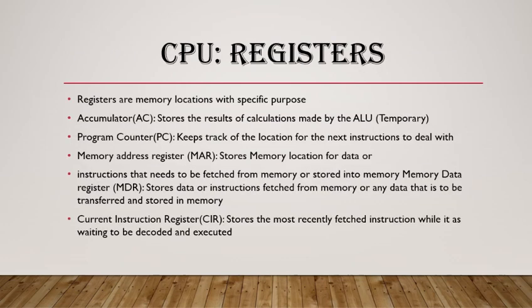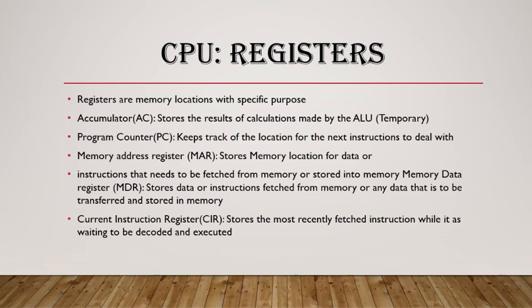So let's move on with registers. Registers are memory locations with specific purposes. Moving to the first point, accumulator. Accumulator stores the result of the calculation made by the ALU temporarily. Program counter keeps track of the location of the next instruction to be dealt with. Memory address register, MAR, stores the memory location for data or the instruction that needs to be fetched from memory or stored in the memory.